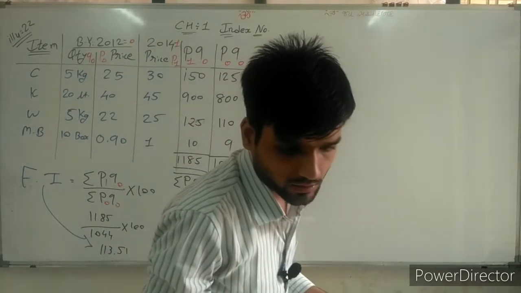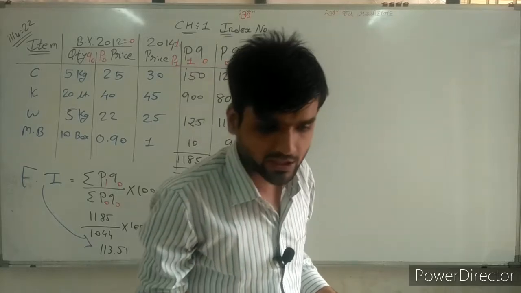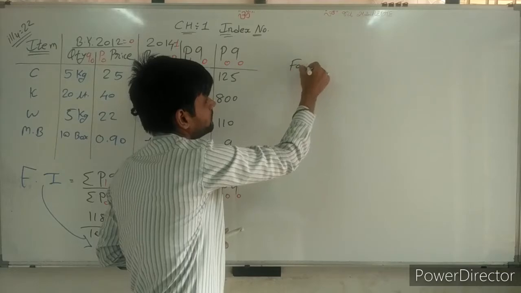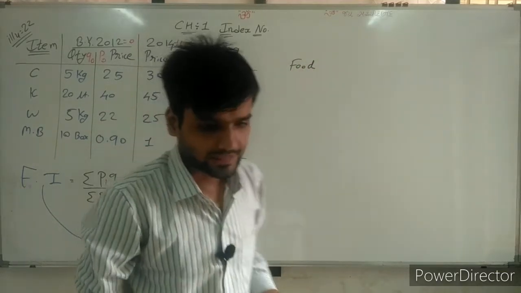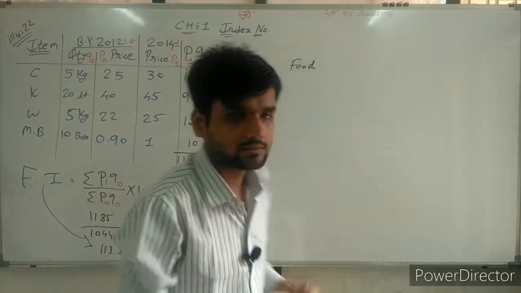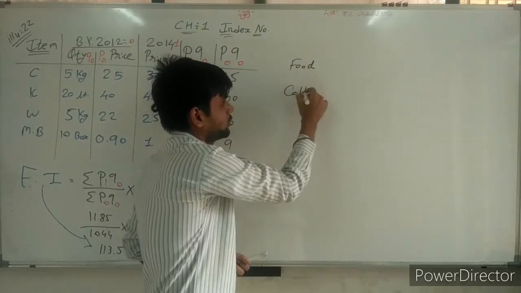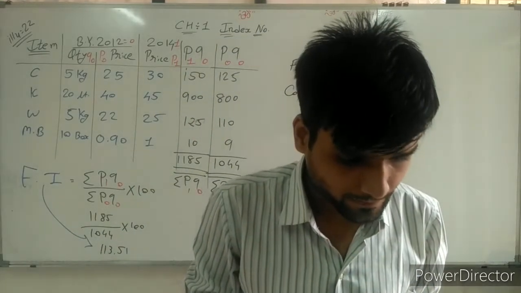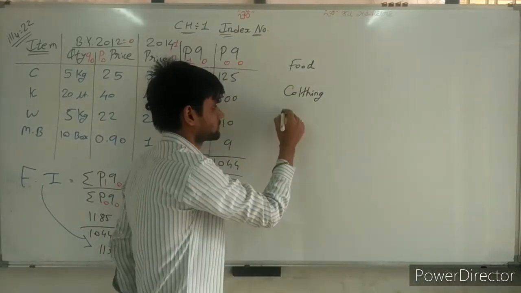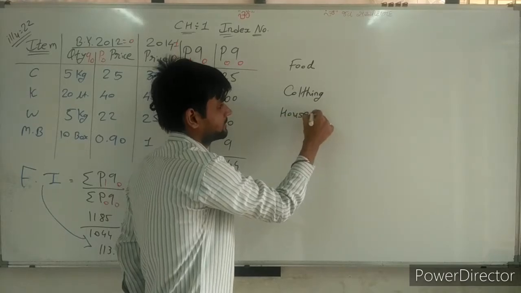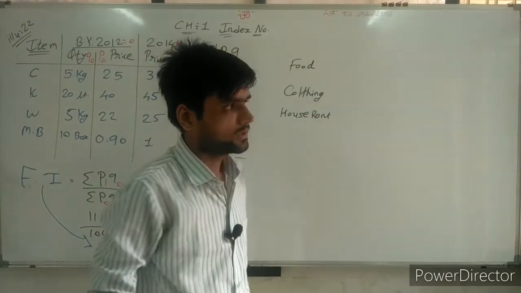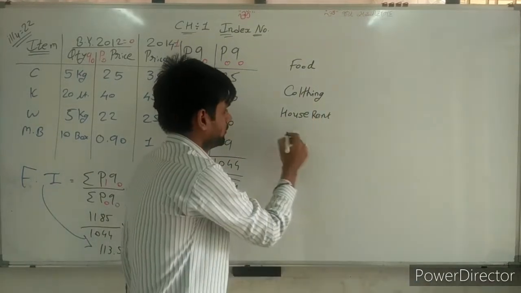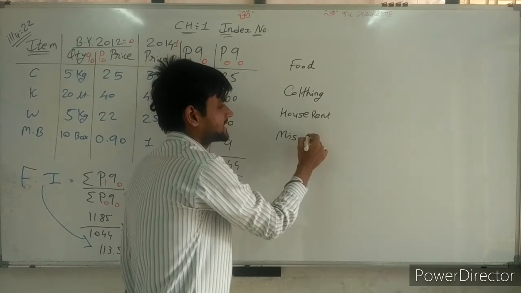So here information is given, if the expenditure for food, so first is food, then clothing, next house rent, next miscellaneous group, miscellaneous expenditure.